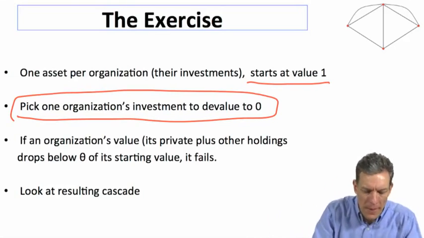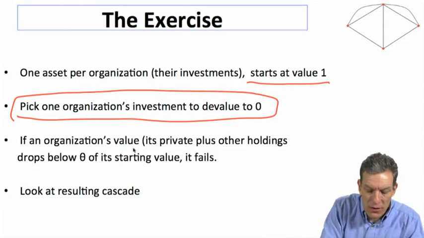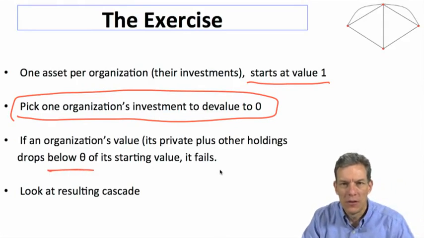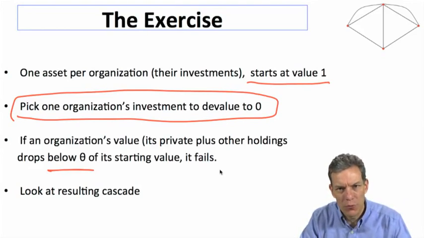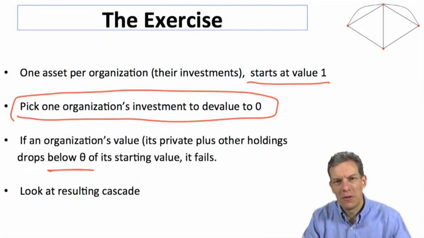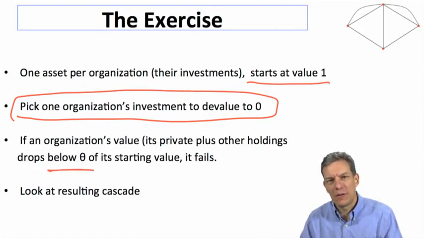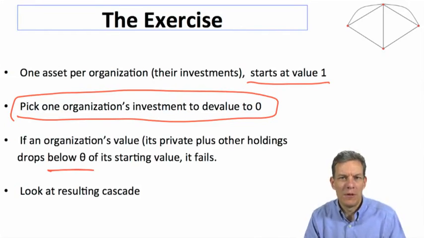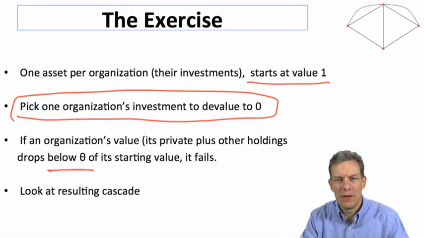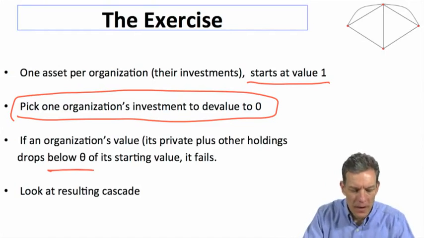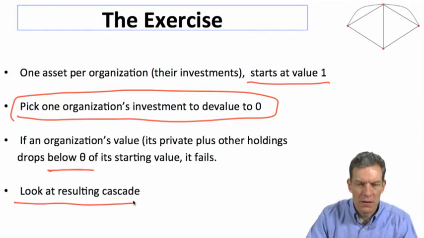and so forth. An organization's value, if it drops below theta of its starting value, it fails. So we'll just have some simple rule here that you have to have a certain amount of your initial value in order to stay solvent. If you drop below some level, then you can no longer meet your payments and you have to close up. And then we'll just look at the resulting cascade. Okay?